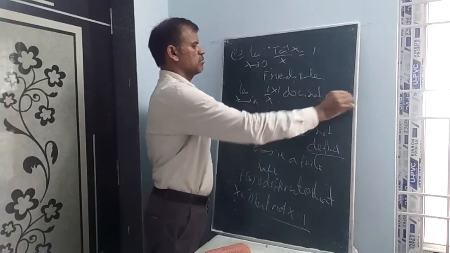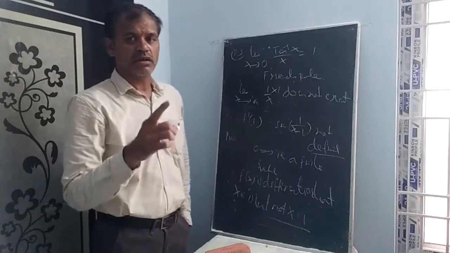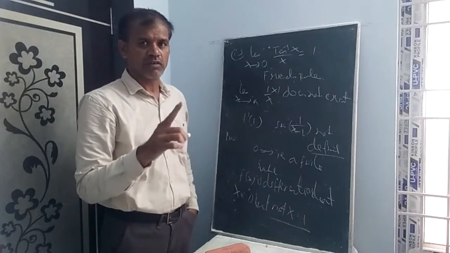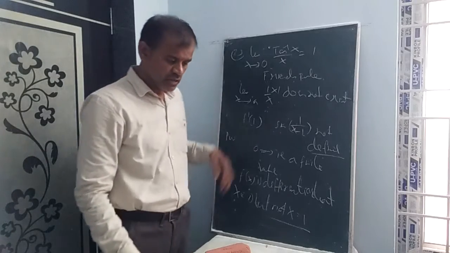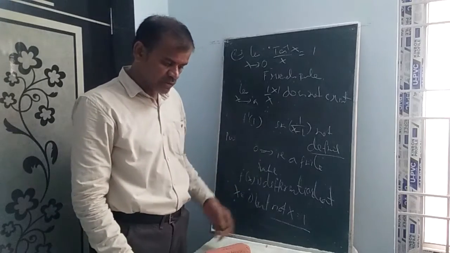Like sine of x by x, tan of x by x, sine of modulus of (x minus a) by (x minus a), tan of modulus of (x plus a) by (x plus a). Here, modulus of (x plus 2) by tan inverse of (x plus 2).